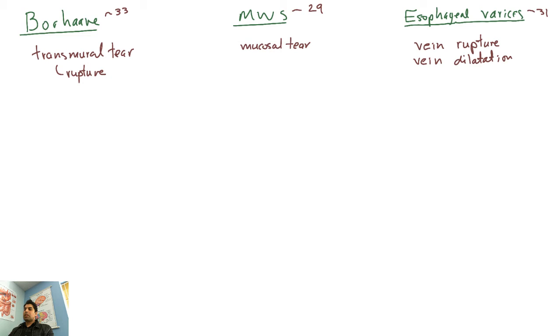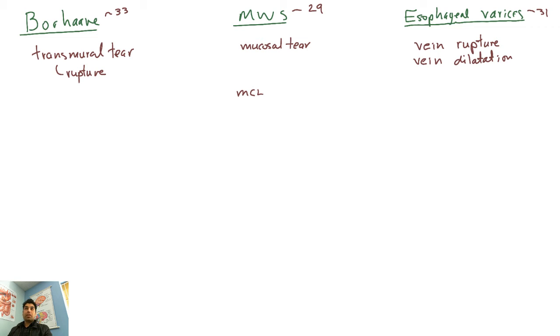The most common location of Mallory-Weiss tear is lower esophagus. Let's talk about locations now. In your book, if you see MCL, it stands for most common location. Most common location is lower esophagus, near the LES.